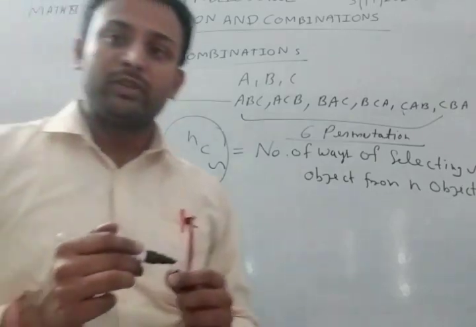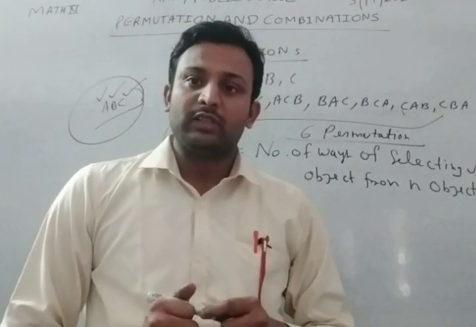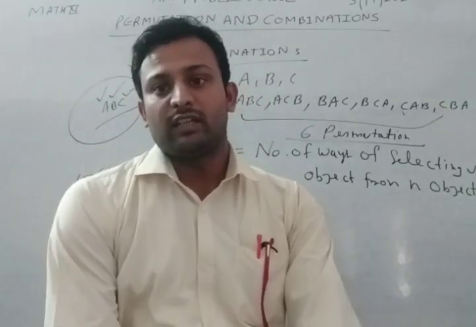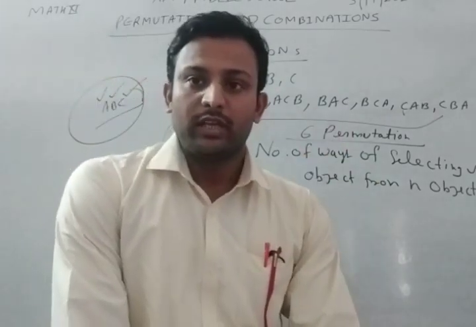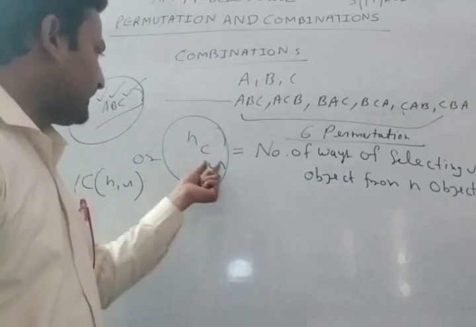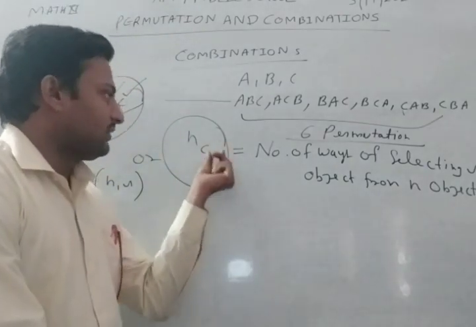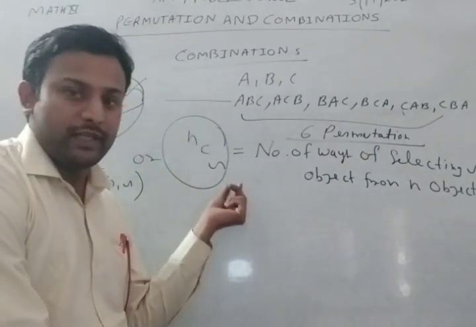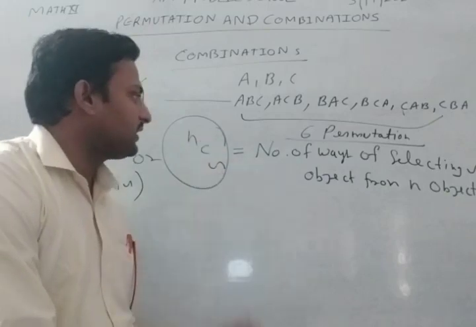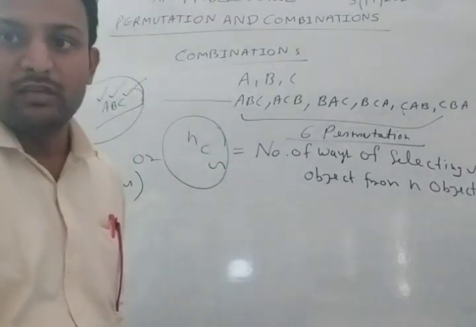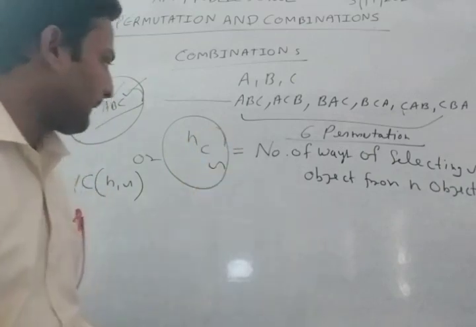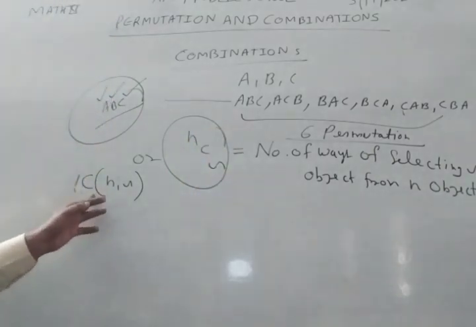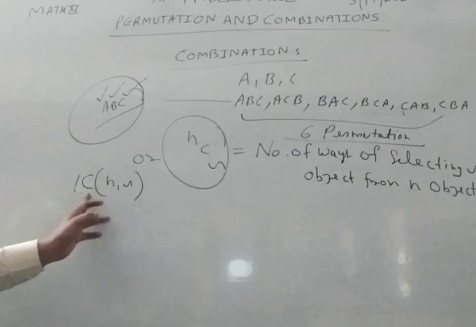This is the difference between combination and permutation: here order does not matter, and there it matters. Selecting r objects from n objects is called combination, and it is denoted by nCr, and we can also write it as C(n, r).